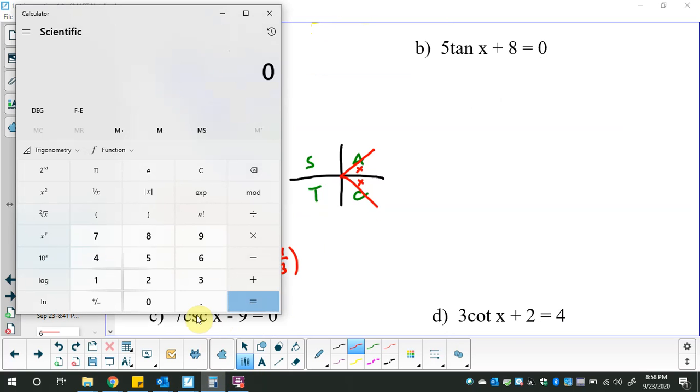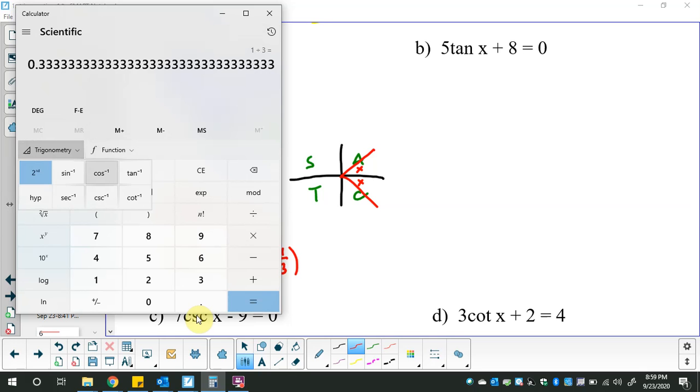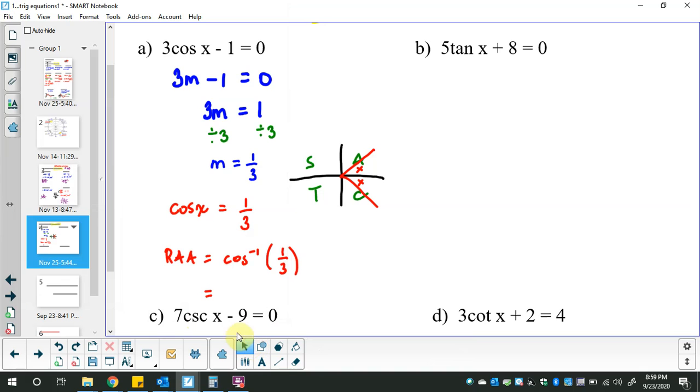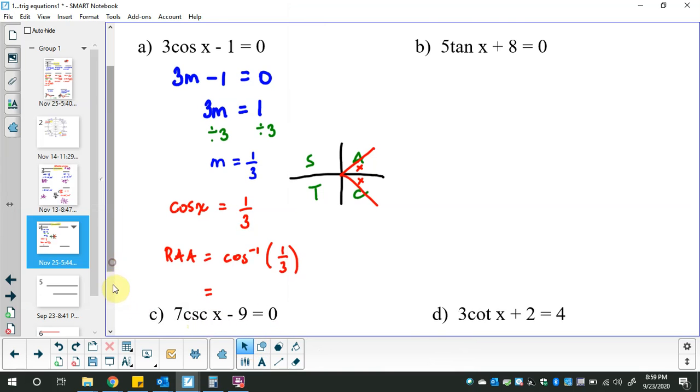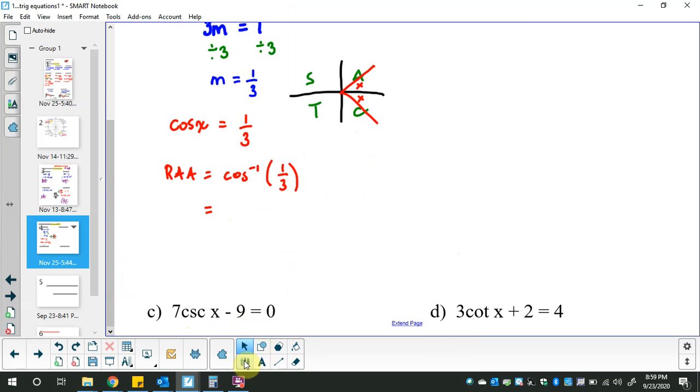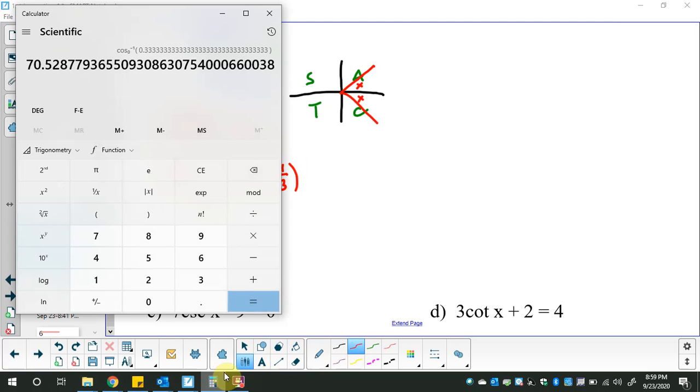So I have to do 1 divided by 3, get that answer, and then do the second function, cos, and get 70.5 degrees. So the steps I did, and I may have to take these 2 questions to another page, but the steps I did to find my RAA was figured out this, then did cos inverse. Remember, you could do this backwards depending on your calculator, and the answer we got was 70.5.